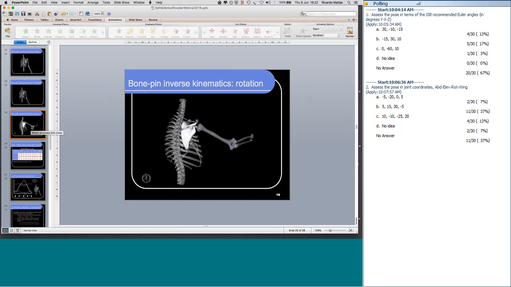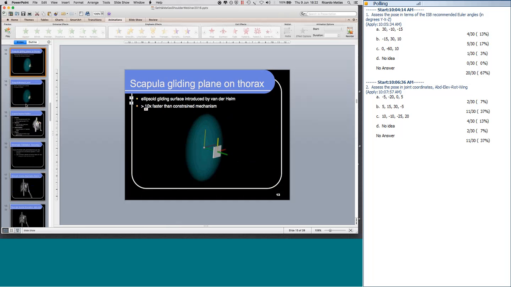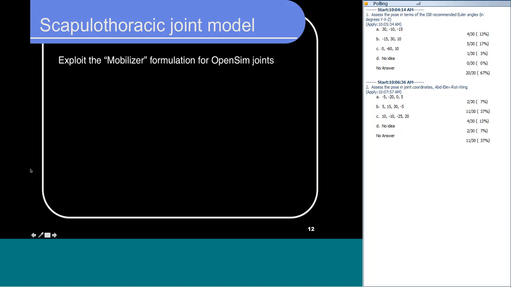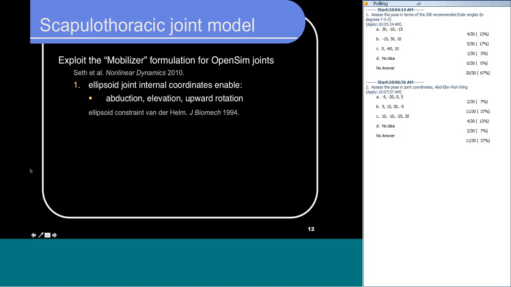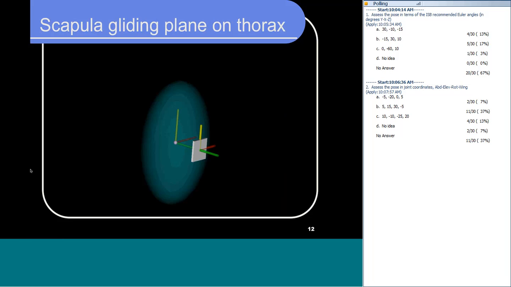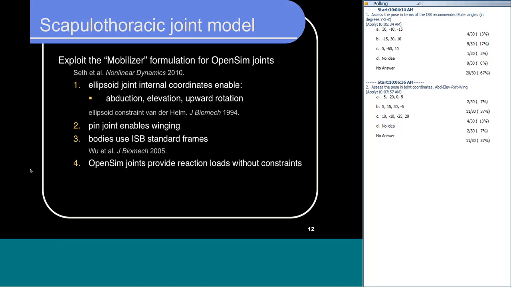Yeah, that's a great question, and I kind of just blew right over that. So there are different ways that you can model joints in a multi-body dynamics way. You can think of every body as having 6 degrees of freedom, and then you constrain away the degrees of freedom that you don't want. So if you have a ball joint, you would constrain away all the translational degrees of freedom.